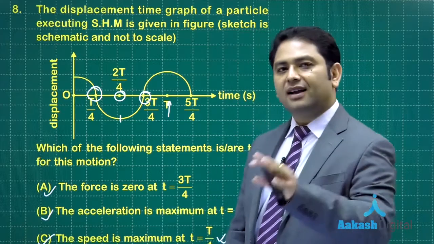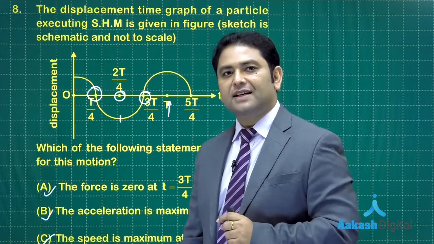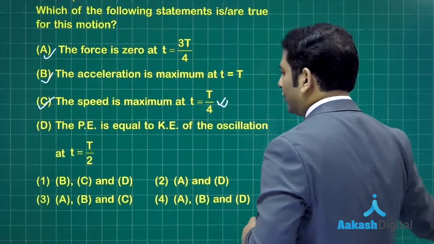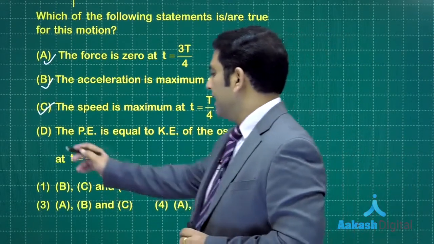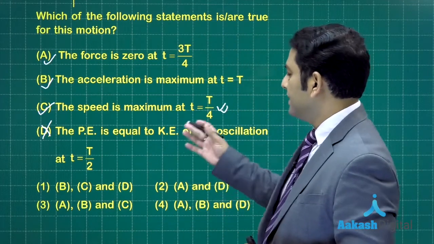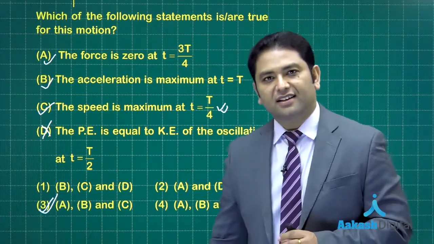And here the kinetic energy is 0 while the potential energy is maximum. So in that regard, you could say option number 4 is incorrect. And now let's try to see where we get A, B, C correct. The correct option will be option number 3.